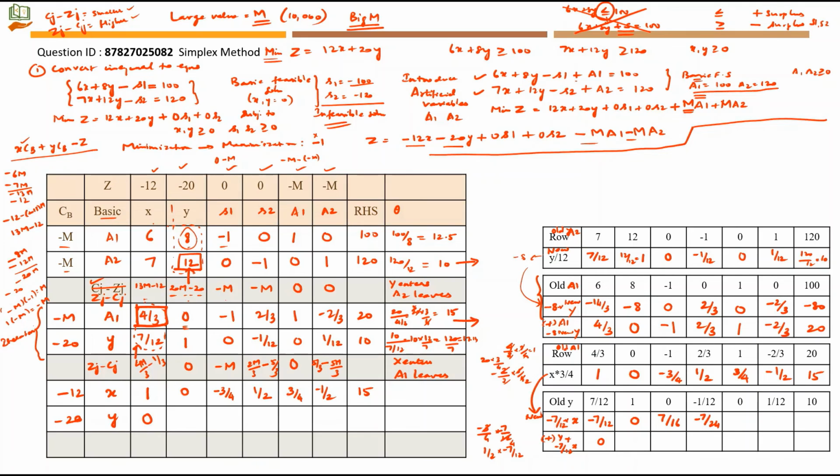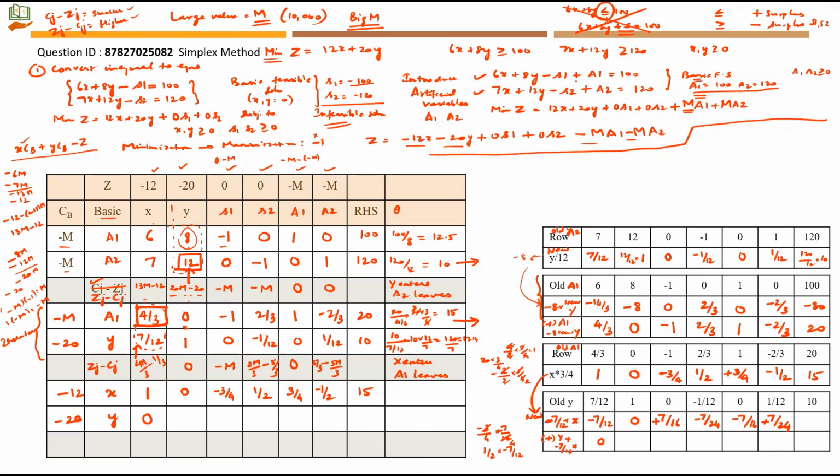So 3 by 4 into minus 7 by 12 will result in minus of 7 by 16. So here this is minus and this is minus, so we are inserting a plus. But here it is plus and this is minus but the same value, so we are giving a minus here. This time you have to negate the sign again. So 7 by 24 in positive. So plus 7 by 24.